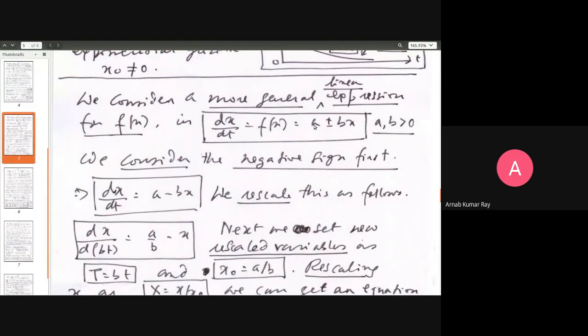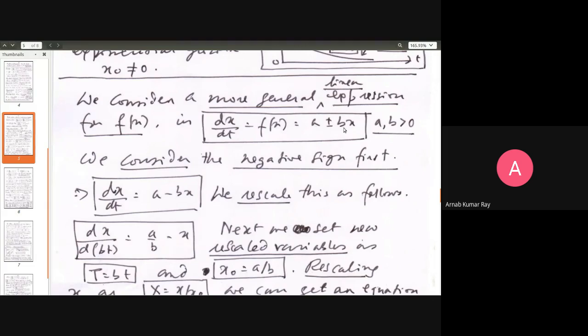So initially, even though at t equal to 0 there is nothing, which is to say x is equal to 0, the system has got a dynamic kick in the sense that it's got a non-zero growth rate from the first. Therefore, even if it starts with nothing, it can still grow to higher values. That is the point.